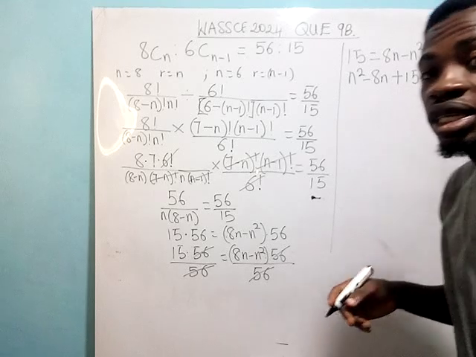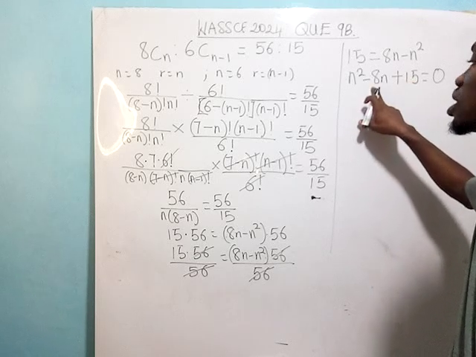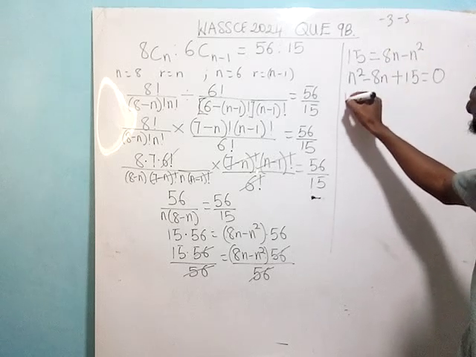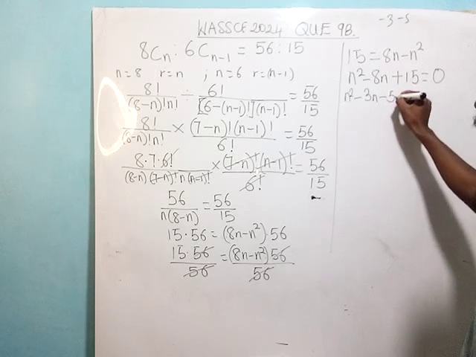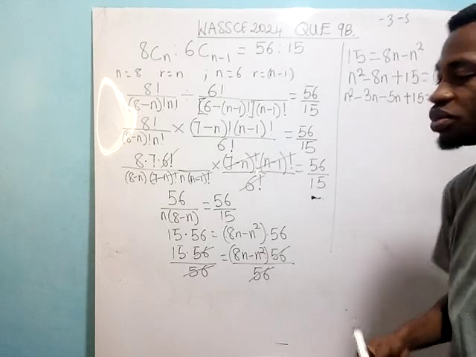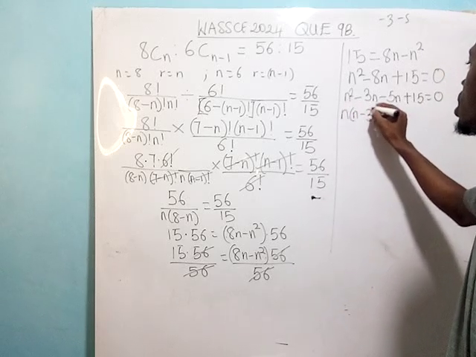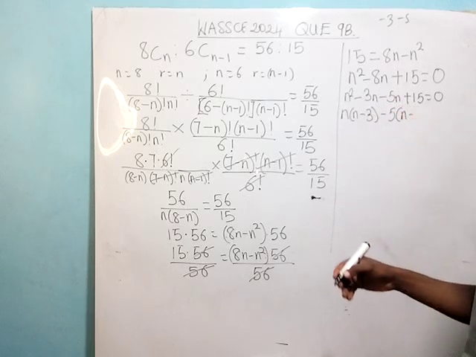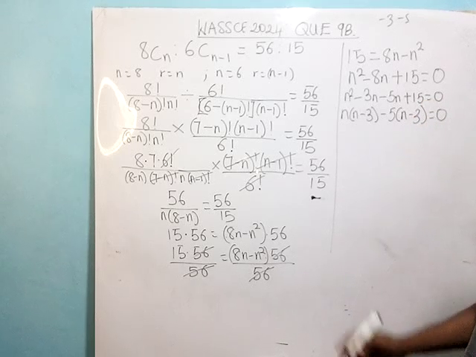So we need to find the factors of 15, which when summed up will give us negative 8. And basically it will be negative 3 and negative 5. So we have n squared minus 3n minus 5n plus 15 is equal to 0. Now we have n out, n minus 3, then here minus 5 out, n minus 3, all is equal to 0.